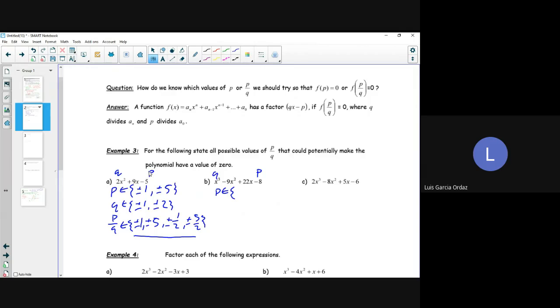What are the factors of 8? 4 and 2. 1. And 1. Yep. 2, 4, 8. And last but not least, what is a factor of 1? This one.